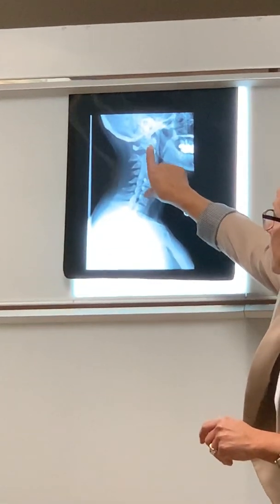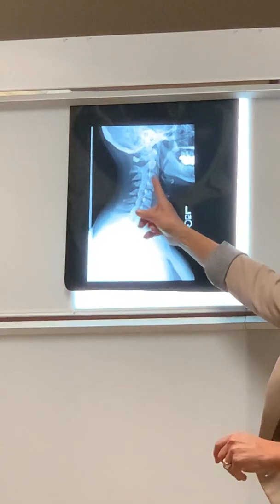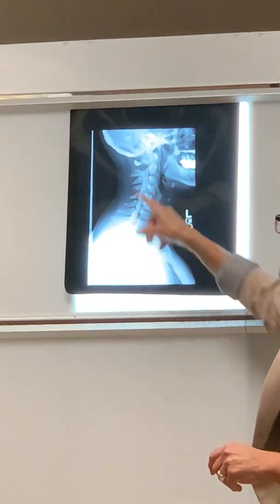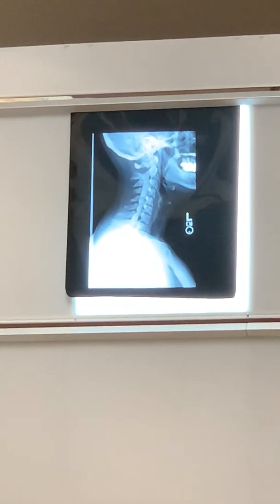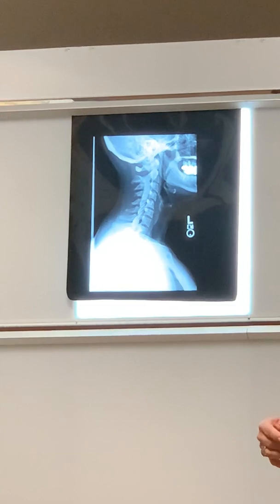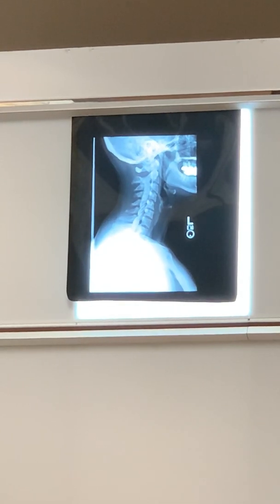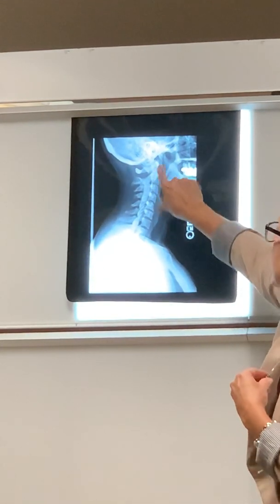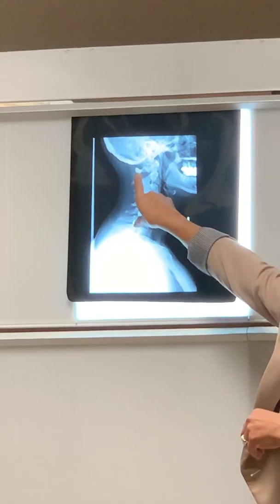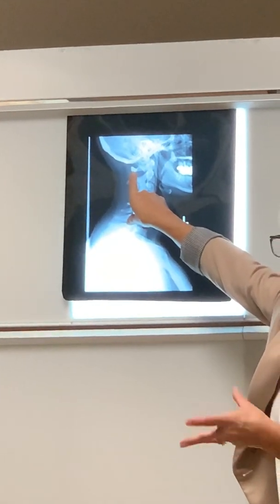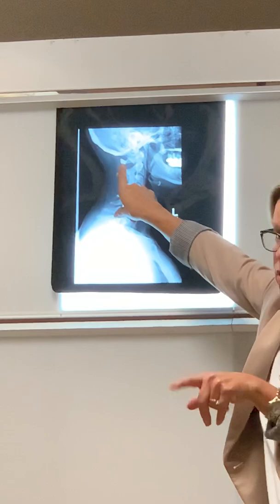See how you can see the odontoid process? A nice lateral view of the odontoid process. So the odontoid process articulates with what? Posterior aspect of the anterior arch. Right there. What's this? Spinous process or posterior arch.